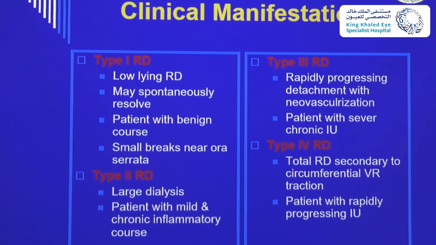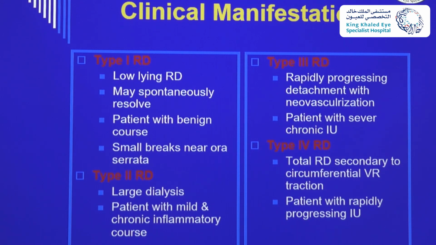Type 2 RD usually has large dialysis in patients with a mild or chronic inflammatory course of intermediate uveitis. And then we have type 3 and type 4. Type 3 usually has rapid progression of the detachment with neovascularization, usually in patients with severe chronic intermediate uveitis.